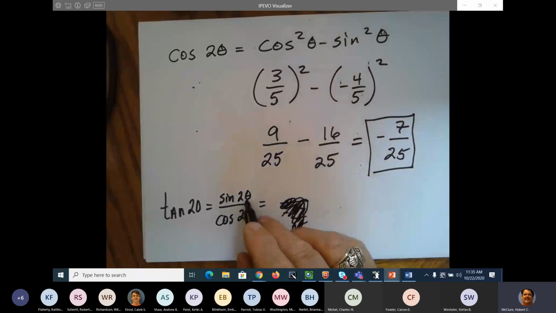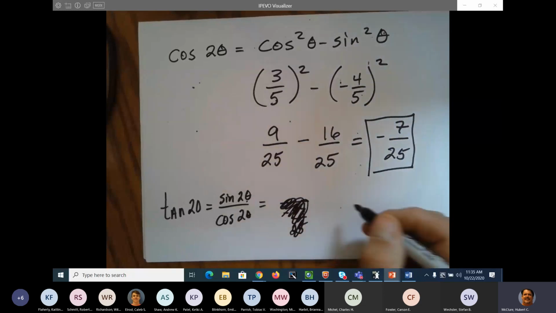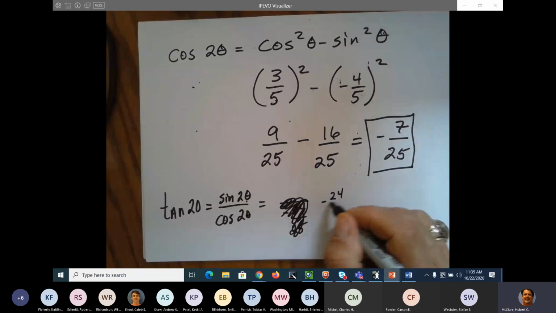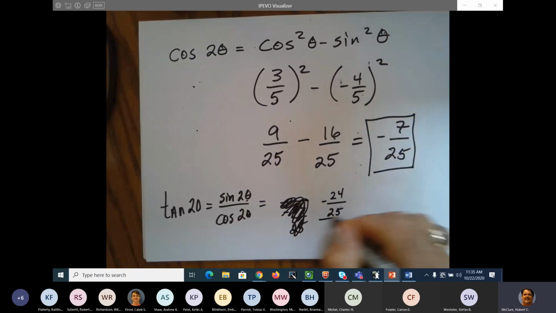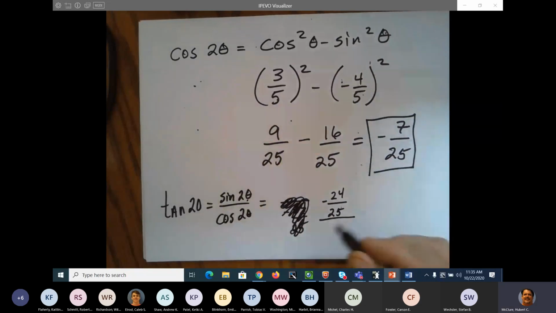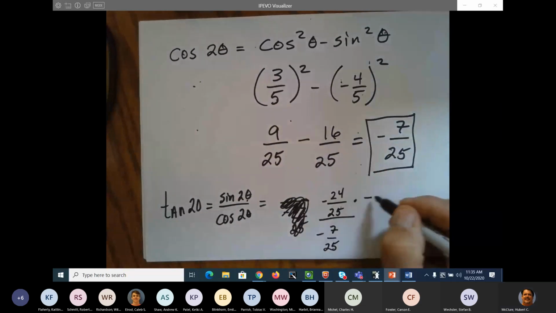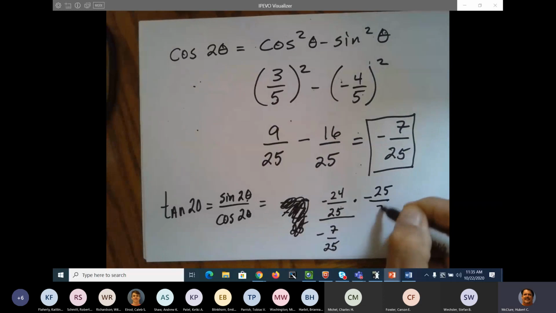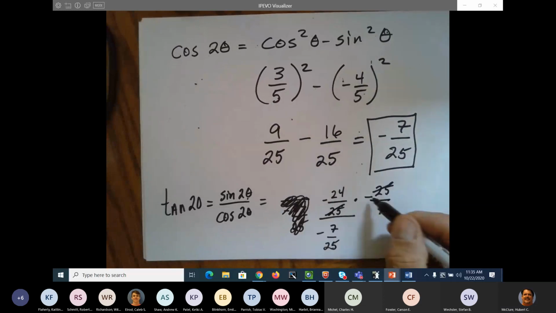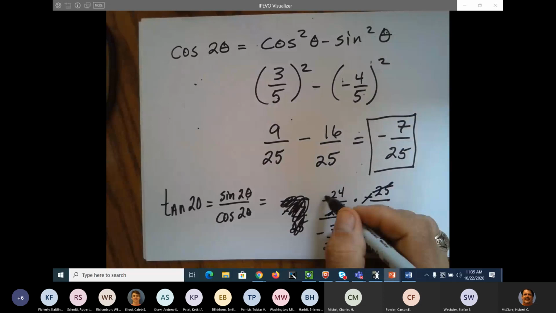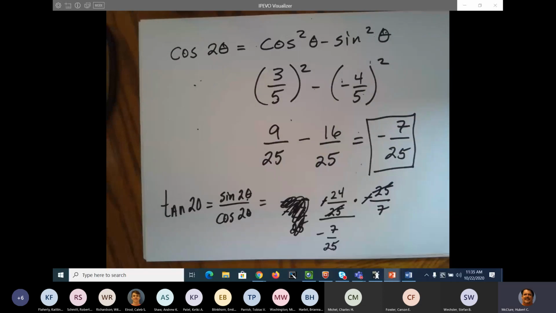The sine of 2 theta is negative 24 over 25. And the cosine of 2 theta is negative 7 over 25. Multiply by the reciprocal. We get 24 over 7.